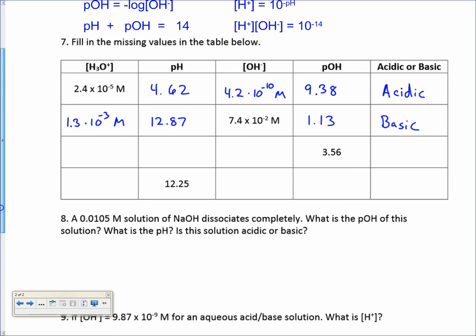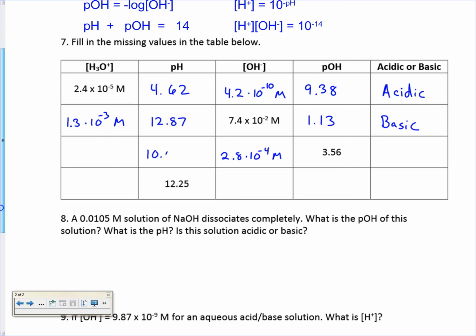So on row 3 here, we're given 3.56 for the pOH. To get the concentration of OH minus, you take 10 to the negative 3.56, which, if you calculate that, you should get 2.8 times 10 to the negative 4 molar. For pH, we take 14 minus 3.56. You get 10.44.